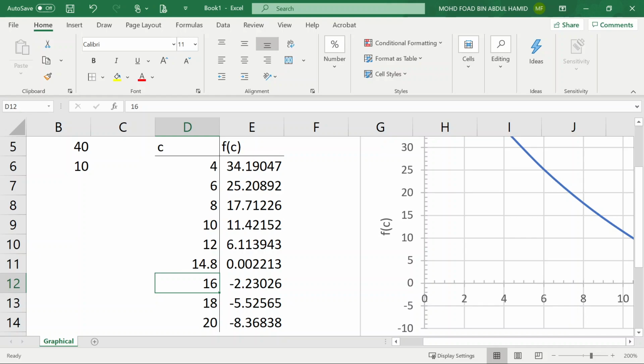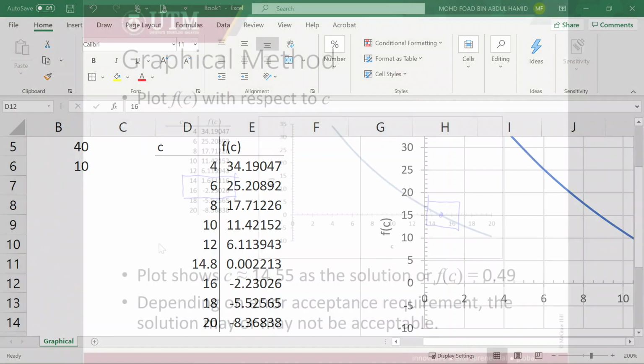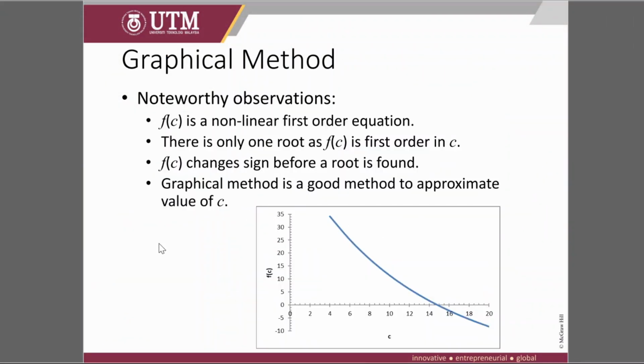Okay, now let's go back to this slide. There are some noteworthy observations. So f(c) is a nonlinear first order equation, and because of the first order, we know it only has one root. f(c) changes sign before the root is found.